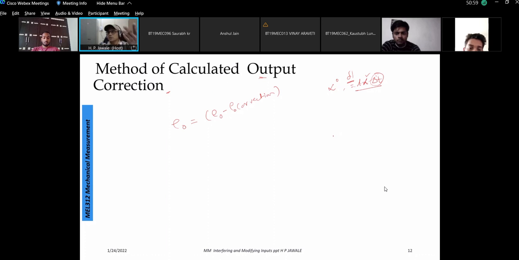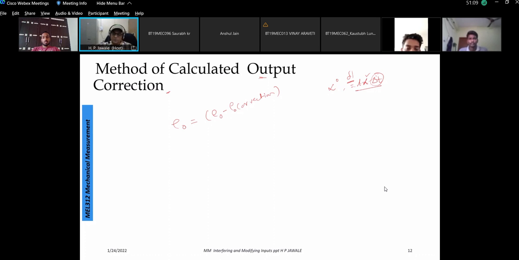For example, in the earlier case of pressure difference measurement, if the acceleration or the gravitational constant is known, and the ideal value I used for designing the system differs from the one at which it is actually used, if the difference is known, I can find out the correction that is applied, right?